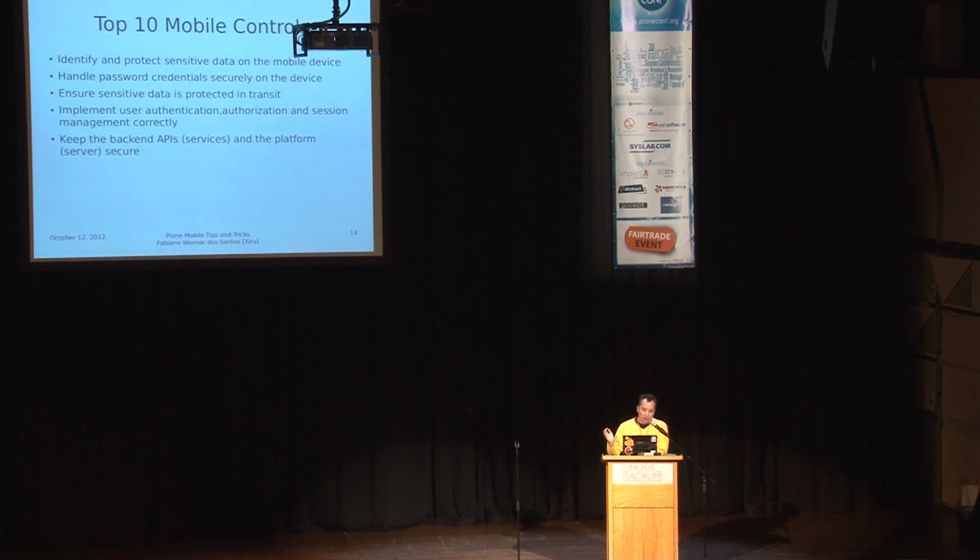You can read that document on the OWASP website, but they show those 10 topics here, and I think it's something that could be advised for whoever is going to manage the security of mobile applications.